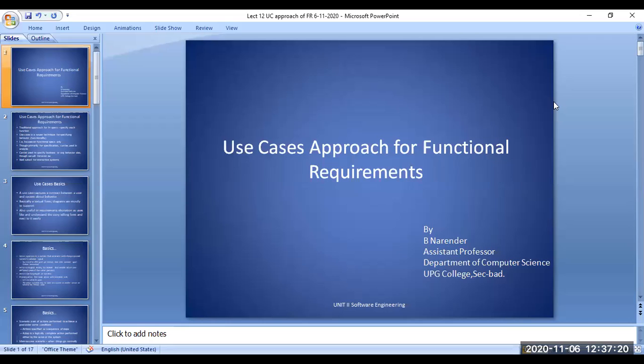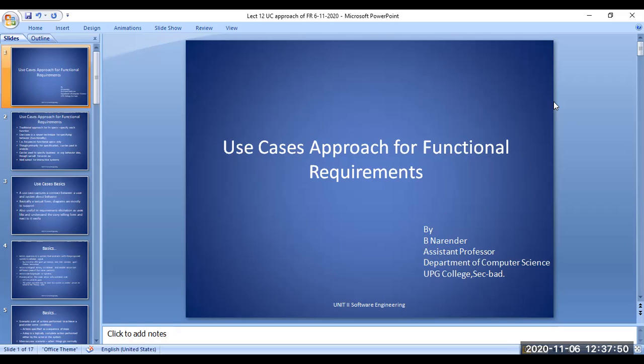Because if you write the SRS document totally in text, the customer or the user cannot read all of it, and he will miss some points. So a diagrammatic representation of a particular situation in the SRS will help the user or the analyst understand particular scenarios in the SRS.